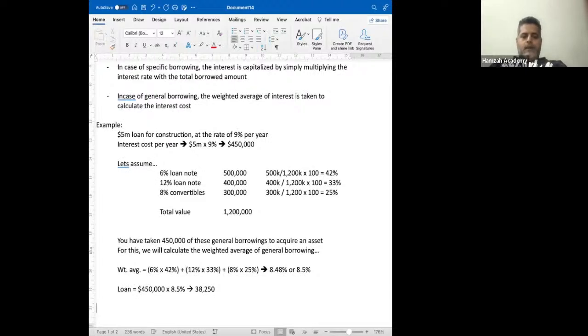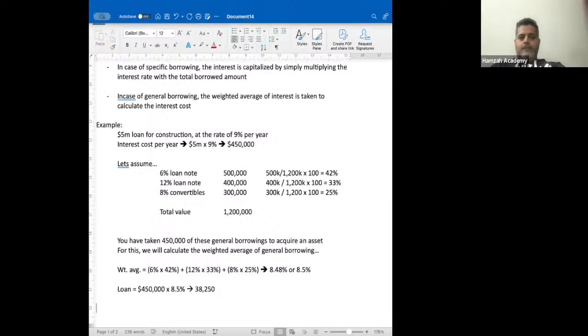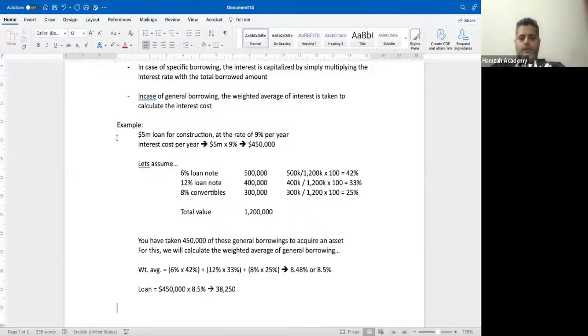So my interest cost is going to be 38,250. Done? So that is the approach I need to have over here, where I am going to have this weighted average. Done? I hope it's clear to you.